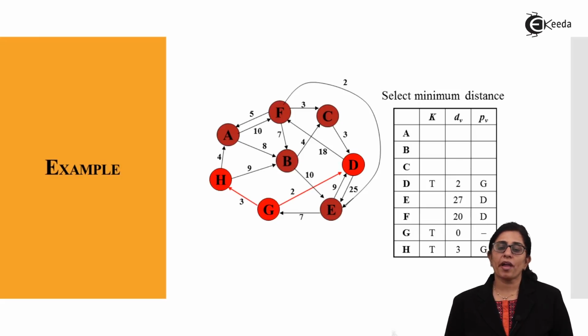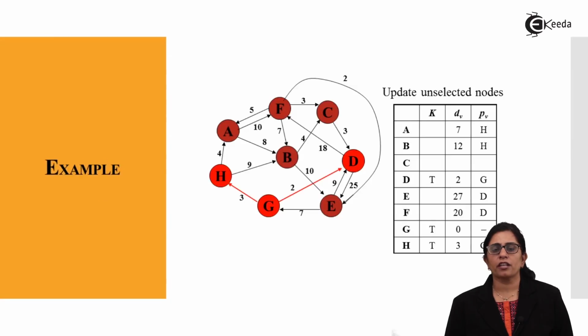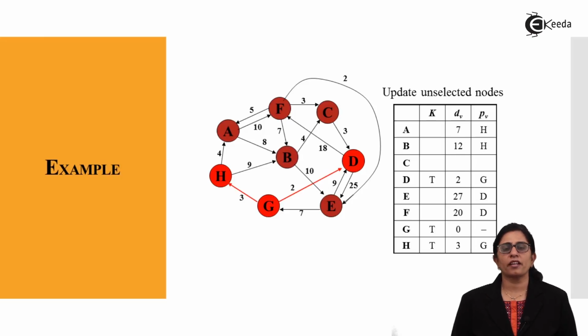So now from H, where all can we traverse? We have to see the out arrows or the out degree of my H. So the out degree of H is from H I can traverse to B, and from H I can traverse to A. So in front of A, we write down the distance travelled to reach the node A. H already has a weight of 3, and between H and A, the weight assigned to the edge is 4.